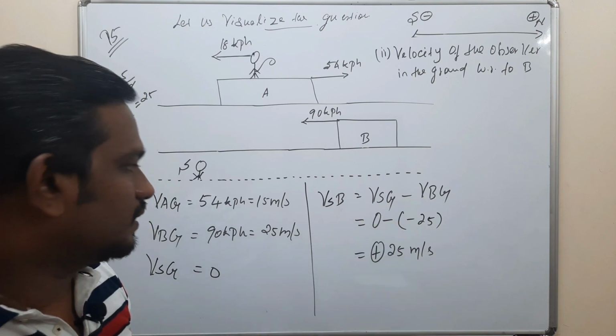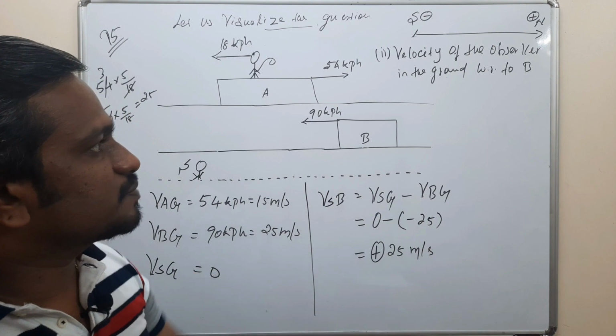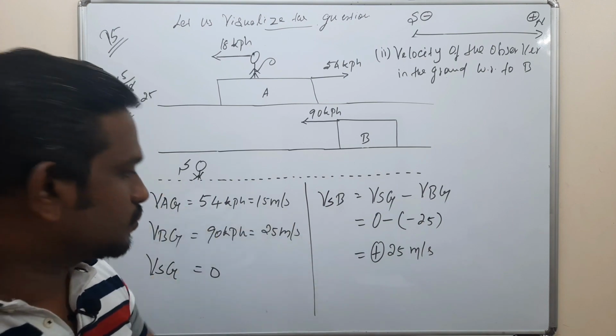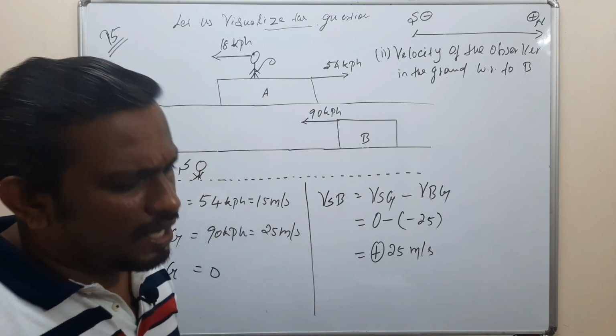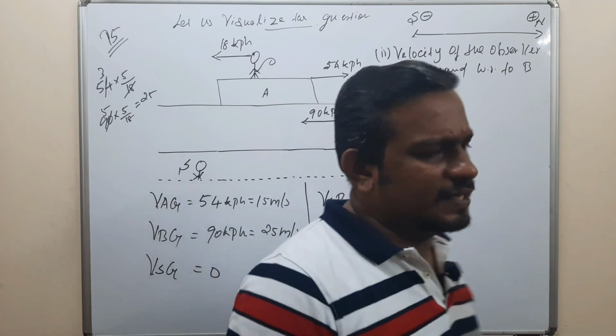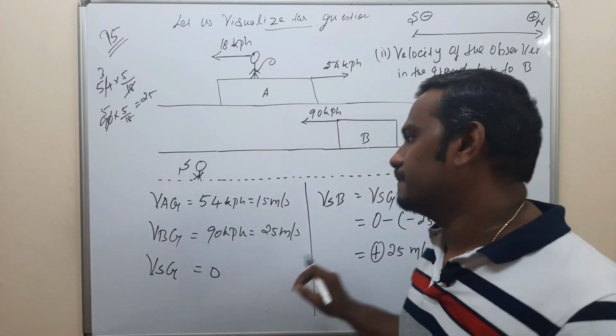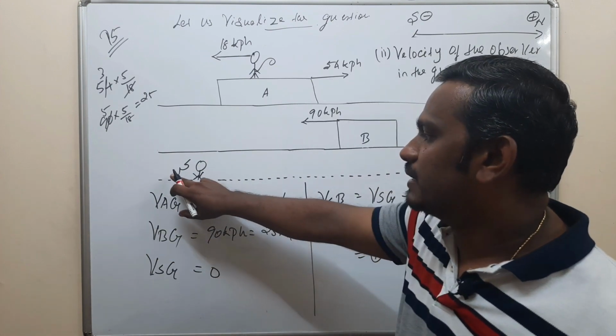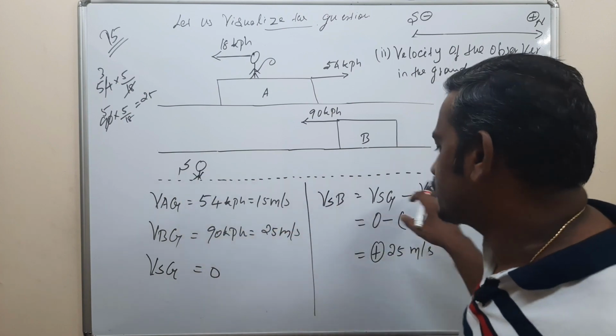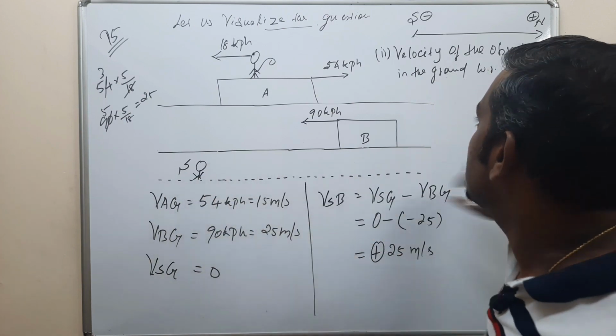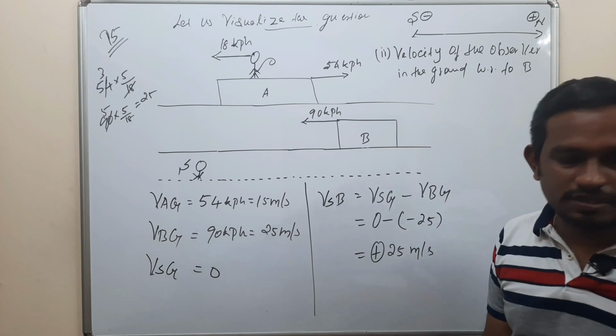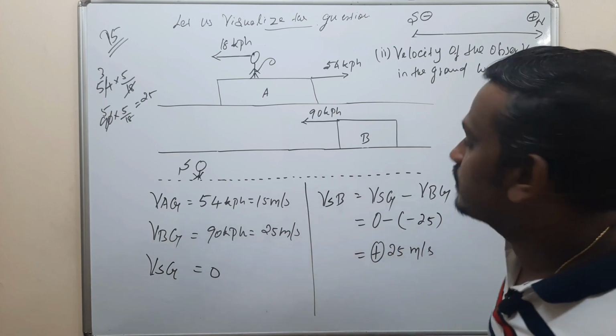Towards north is taken as positive, towards south as negative. So a passenger in the train feels that the man on the platform is moving at 25 meter per second towards north.